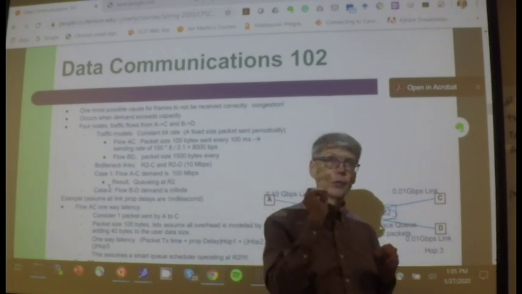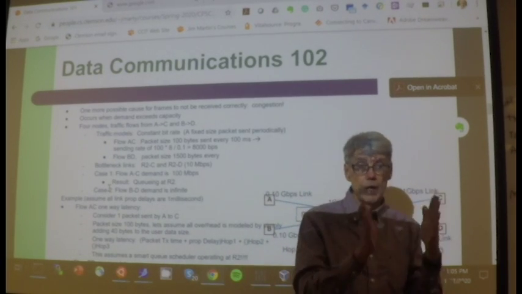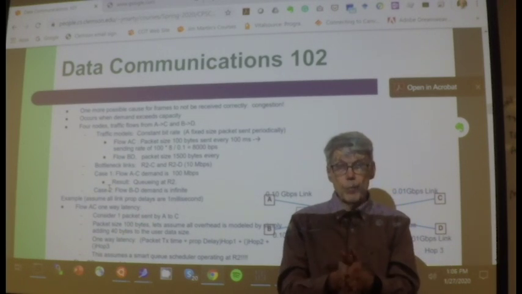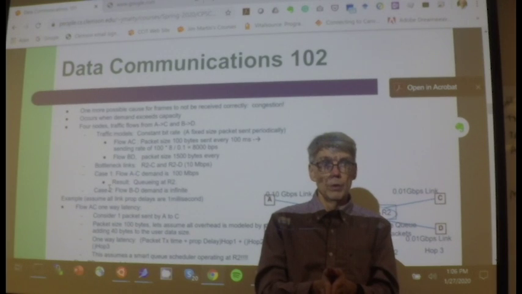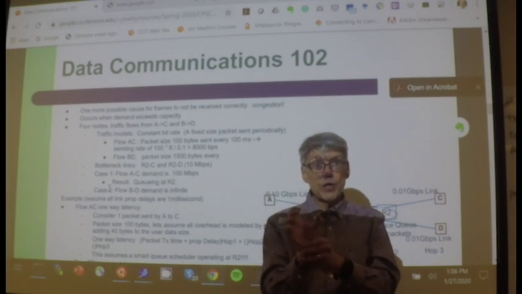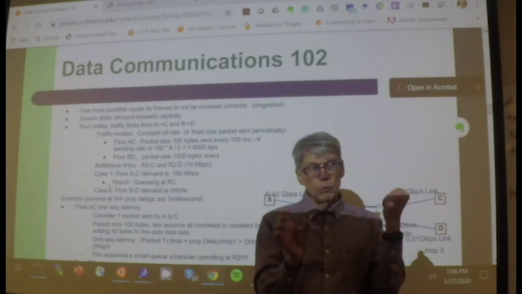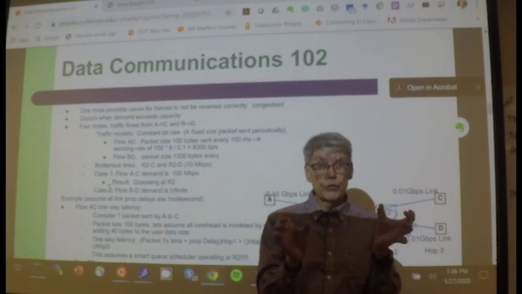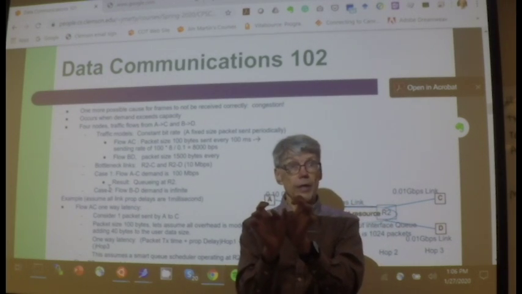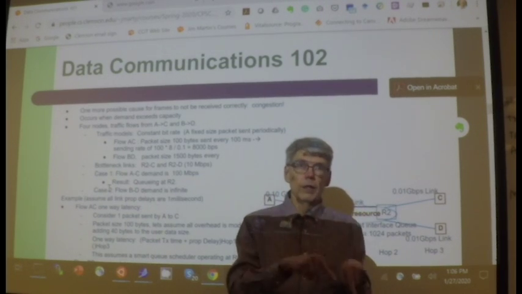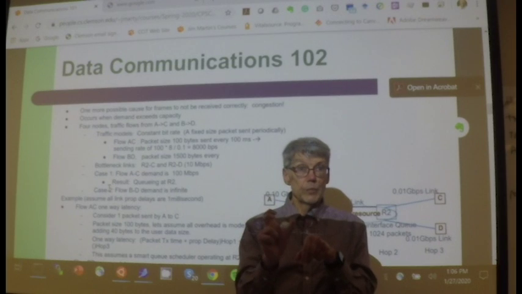The answer to your question is yes. At each hop, the CRC is performed, and further at each hop, when we start looking at the IP header, we'll see that it also has an equivalent to a CRC, and that check is done at each hop as well. So it's being done multiple times per hop.